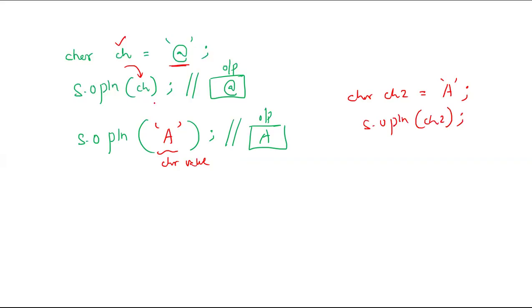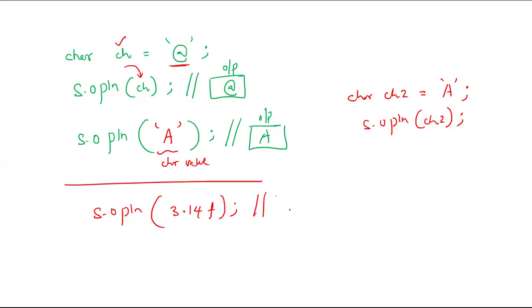Why can't we use a character value? At the same time, one more example, System.out.println, I'm using 3.14f. Is it correct? Yes, it's correct because 3.14f is a float value. So we can use the value directly. Then this line of code is going to give the output of 3.14.